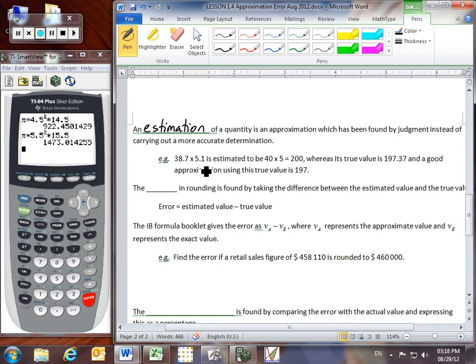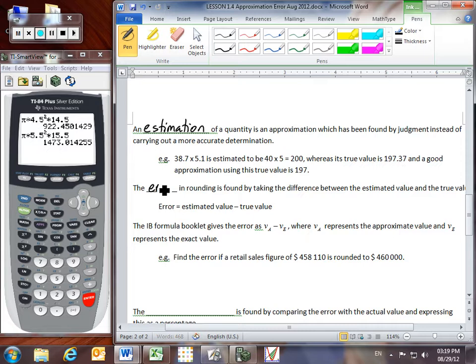Now the true value, if I multiplied these 2 things, would be 197.37. And so a good approximation using this true value would be simply rounding it to the nearest whole number of 197. So with the estimate, I used my judgment to come up with a number. Approximation is rounding the true value in order to come up with a number.